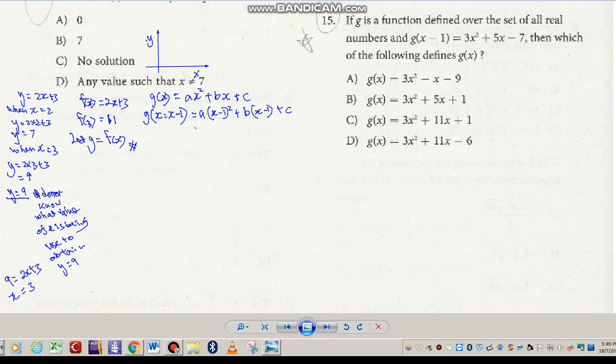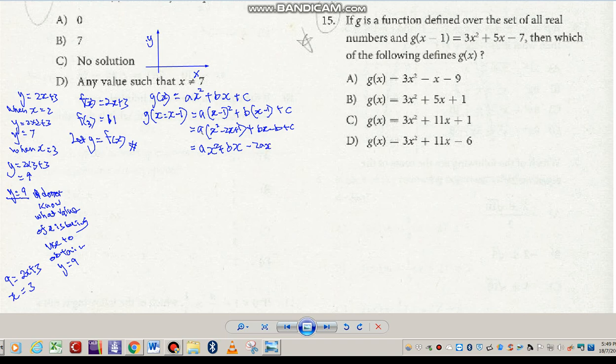With that, we need to expand this. This is a(x² minus 2x plus 1) plus bx minus b plus c. Now let's combine the similar terms: ax², then bx, and minus 2 times a, I got (b minus 2a) x term.